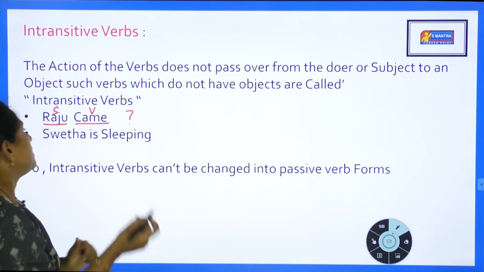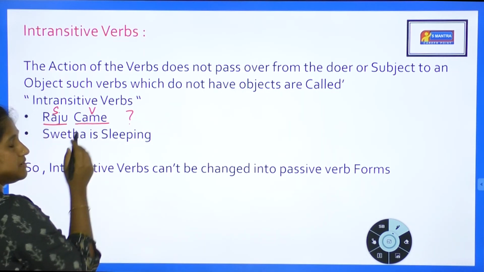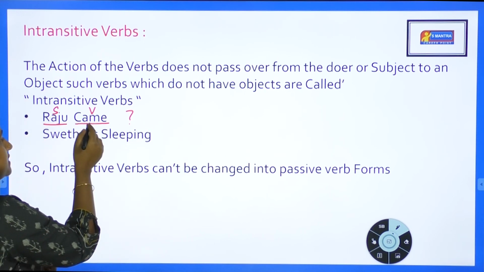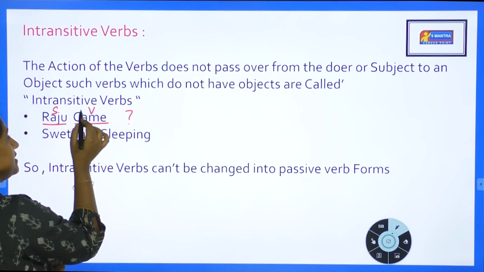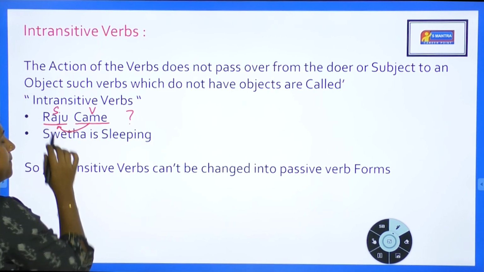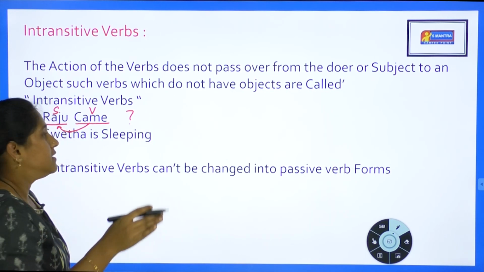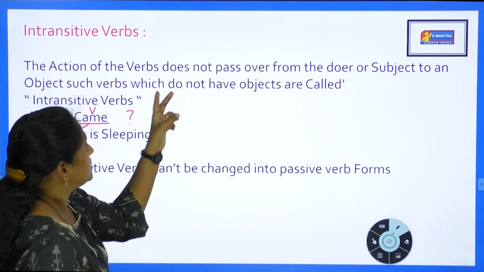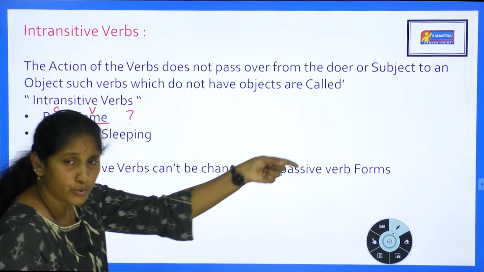Let us see now. What is happening here? Here, came is a verb. The verb is an action, and this action is done by Raju. But whatever the definition is, the verb passes over from the doer.